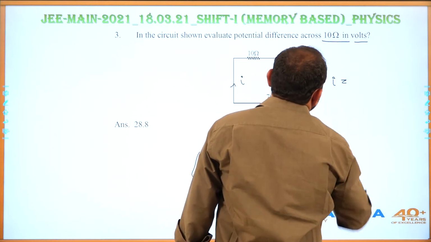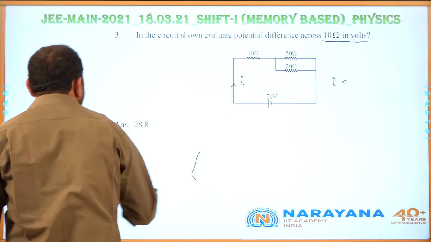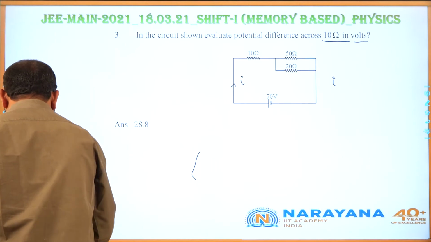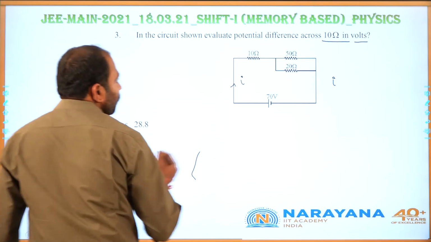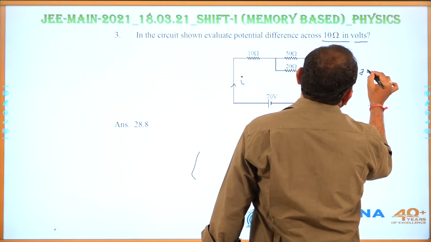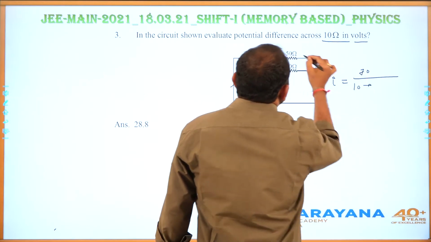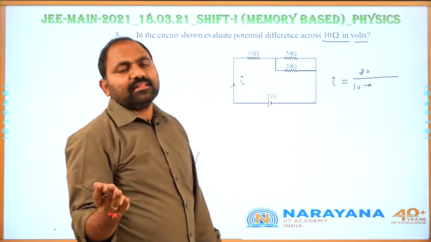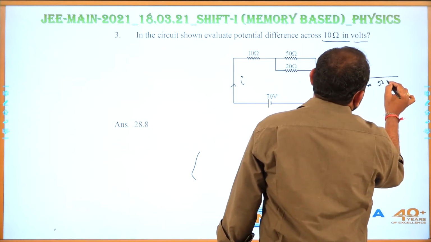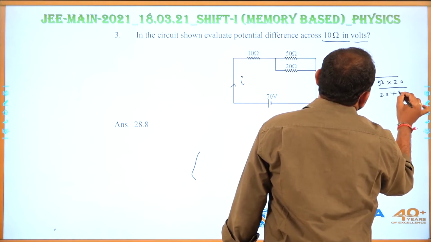The resultant current in the circuit can be written as I equal to 70 volts by the effective resistance, 10 plus. Here 50 and 20 are in parallel. That combination is in series with the 10 ohm. So this can be written as 50 into 20 by 50 plus 20.